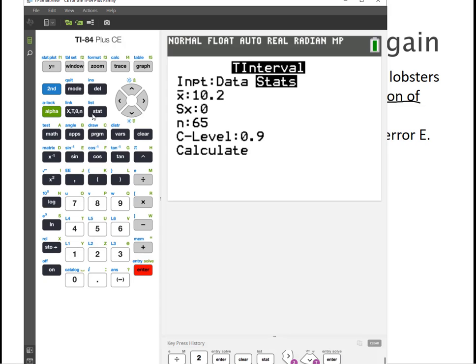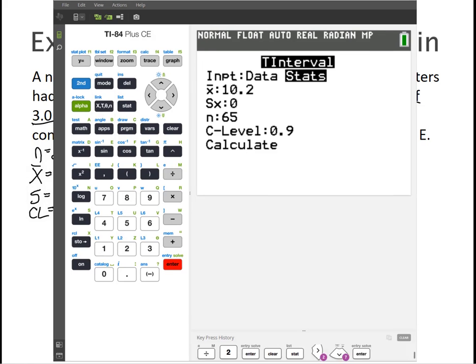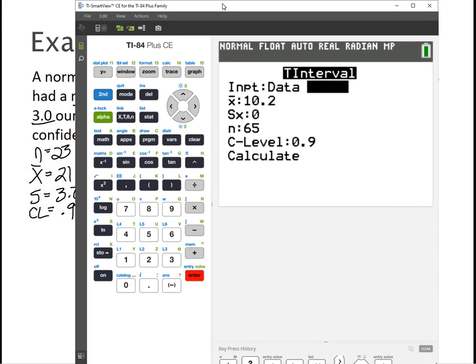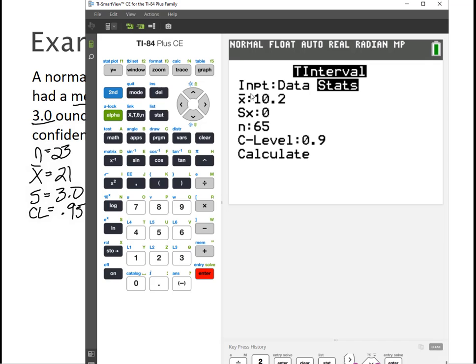All right, now notice it gives me a list of things to fill out. I need first my sample mean, which was 21. I need my S, which we said was 3. I need my N, which we said was 23. And then I need my confidence level, which was 0.95.